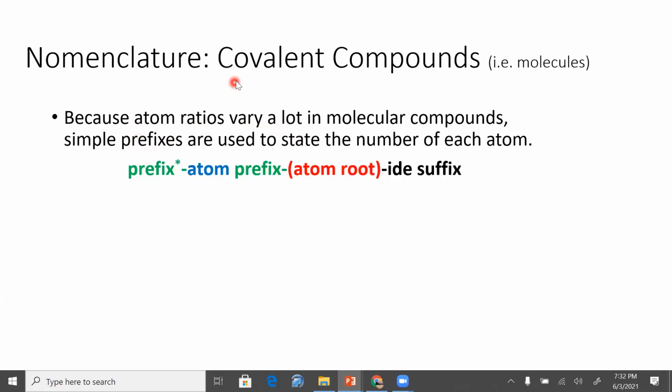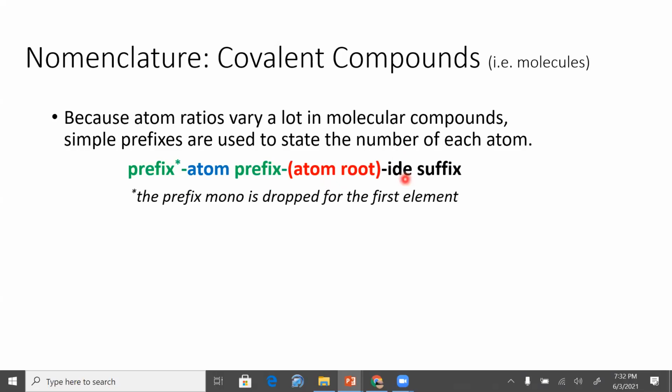So when we go to name these types of compounds, we're going to use a prefix and then the name of the first atom that's there, and then a prefix and the name for the second atom that's there, but the ending on the second one is going to be IDE.